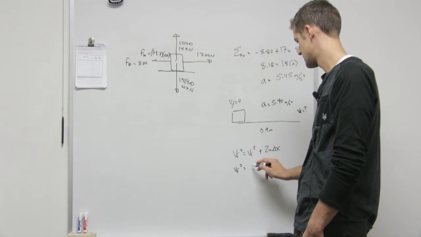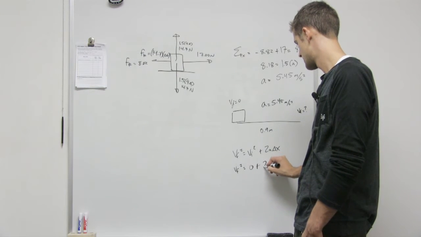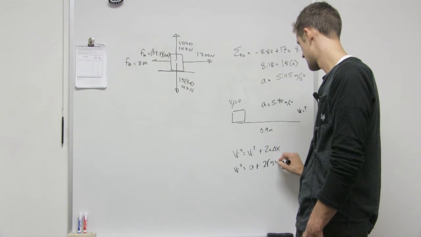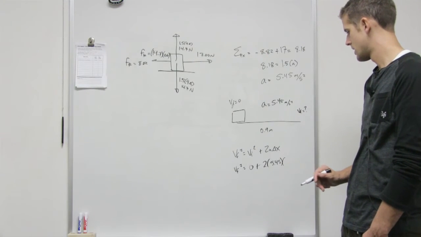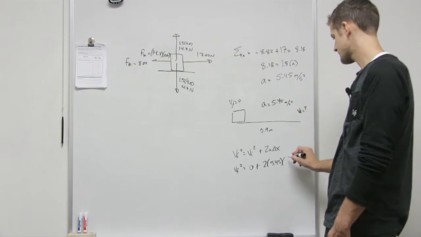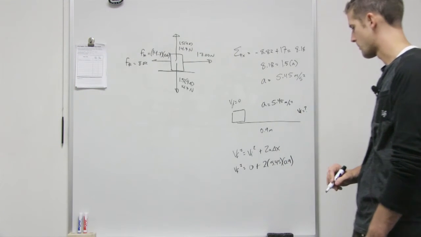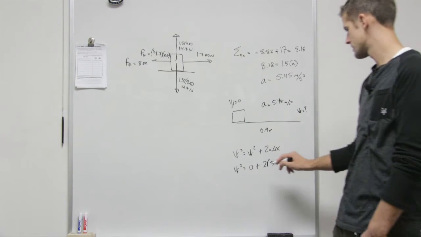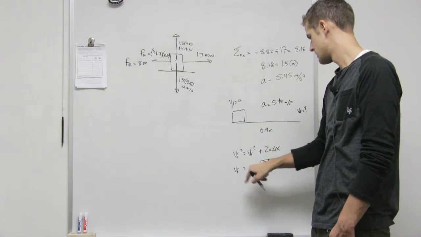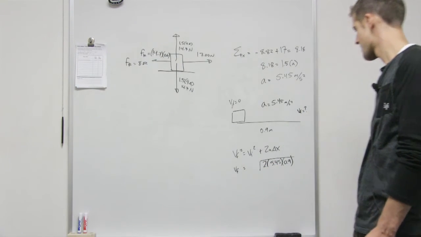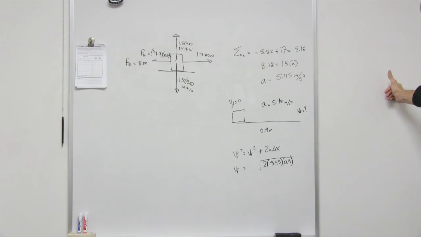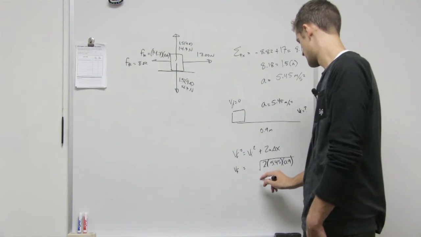So 0 plus 2 times the acceleration 5.45 times the change in x, that's 0.9 meters. So the square root of 2 times 5.45 times 0.9 is 3.13 meters per second.